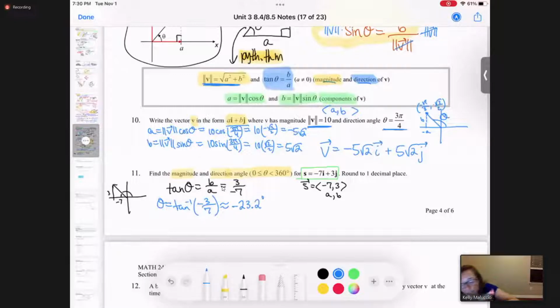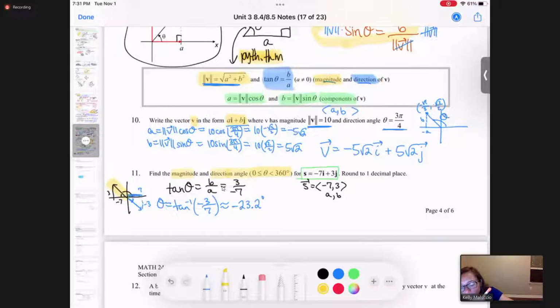That would tell me this vector is somewhere in here, but that would mean this piece was 7 and -3, and we were told the opposite. So that just means the angle should be here.